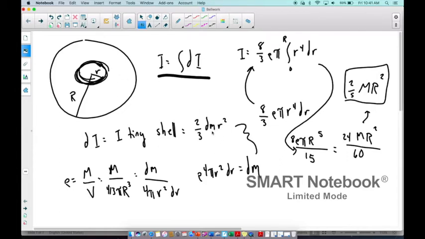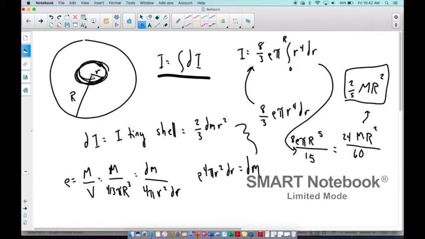So what I need now is to get dm in terms of r, and of course I'm going to use density to do that. I have volume density: mass per volume of the whole thing, and then a zoomed in perspective, little mass of my little shell and little volume of my little shell. Let me explain this piece right here. The volume of this shell, it's a thin, hollow shell, so you think it doesn't really have a volume.